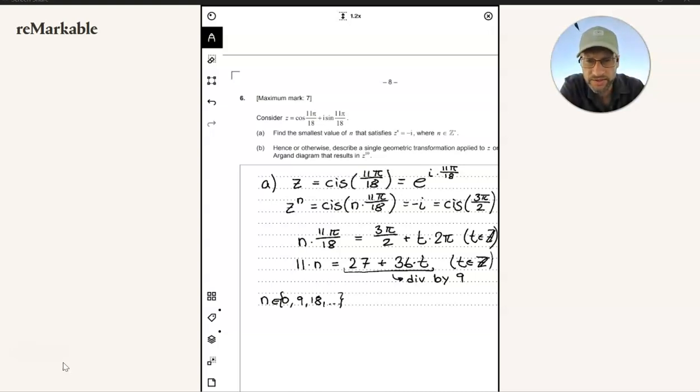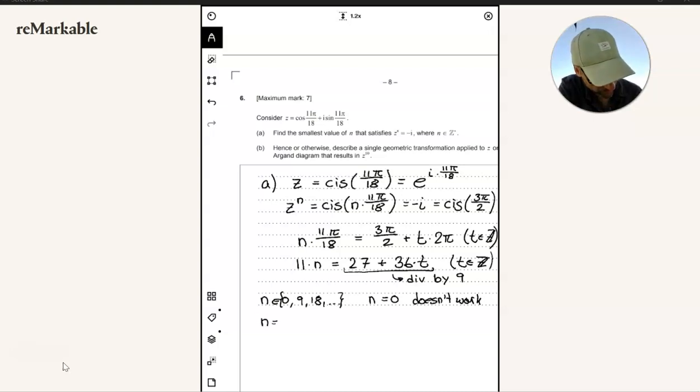And of course, choosing 0 doesn't work because there is absolutely no integer t such that 27 plus an integer times 36 equals 0. And we could also say that up here we are being told that n is actually positive, so that also rules it out.